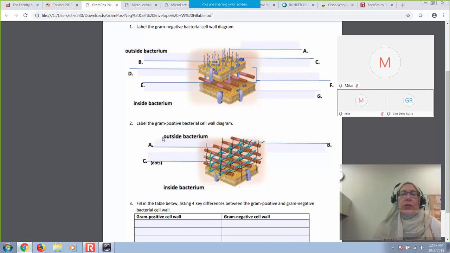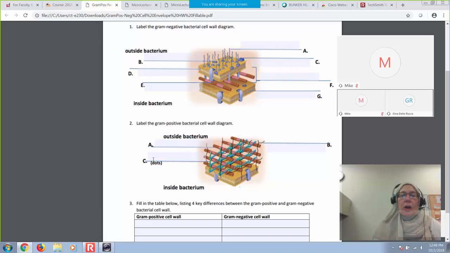So let's go to part 2. That's a gram-positive cell wall. Right away you know it's gram-positive because it has these many, many layers of peptidoglycan, which is part A. Part B is the teichoic acid that spans from the cell membrane through these very permeable layers of the peptidoglycan.